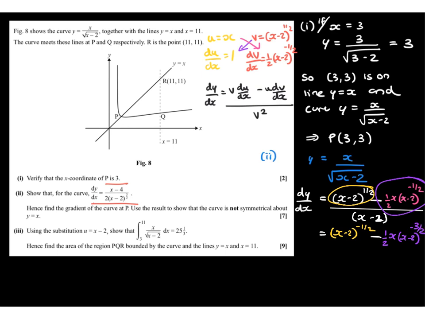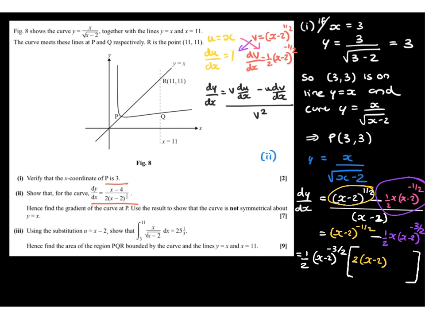We then need to factorise, so I'm going to take out a half, I'm going to take out the lower of the two powers of x minus 2, so that's x minus 2 to the negative 3 over 2. And then let's put in a large bracket. So for the first part, the yellow part, to multiply back we need a 2 and an x minus 2.